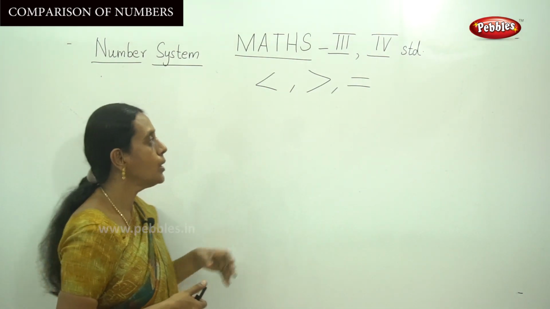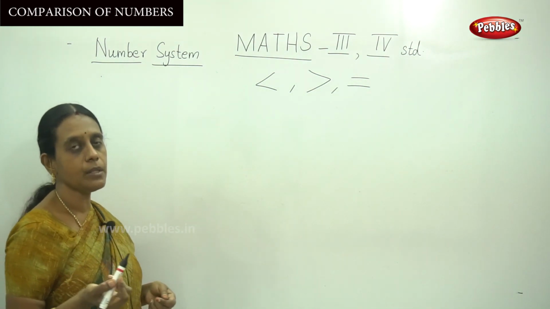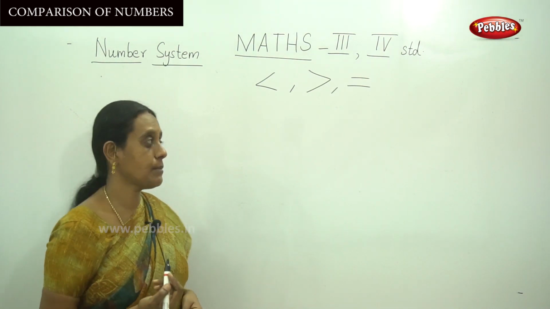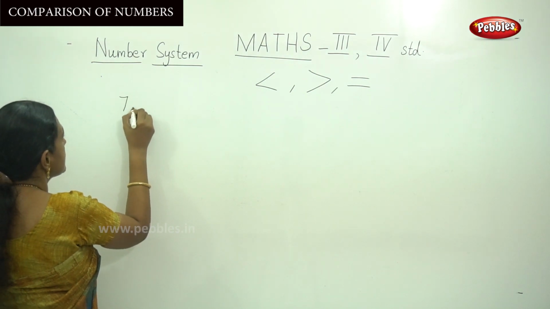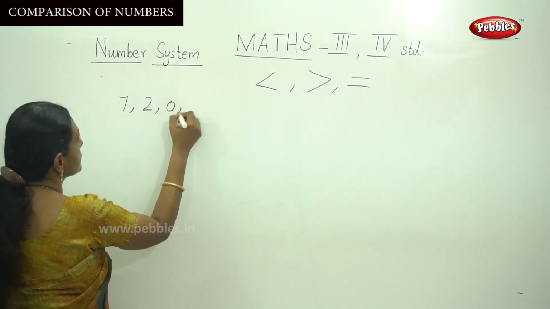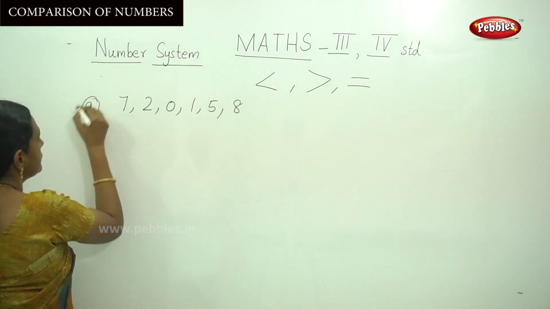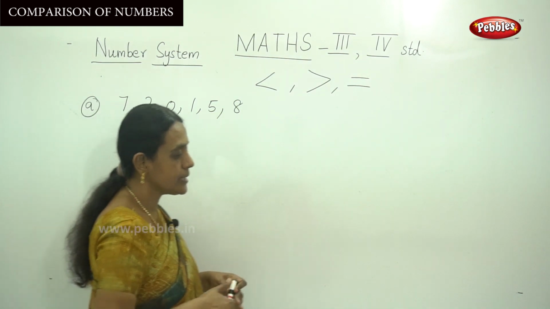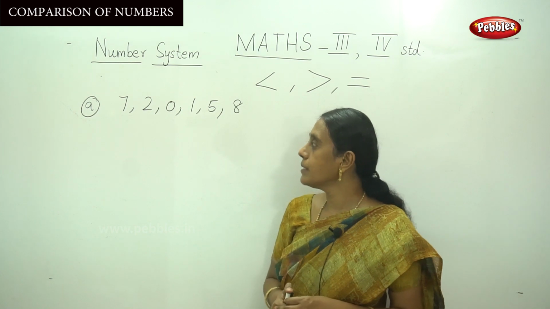Let me do an example using 6 digits, the formation of the smallest number and the formation of the greatest number. This is our example sum. Here 6 separate numbers are given. How do we know these are separate numbers?